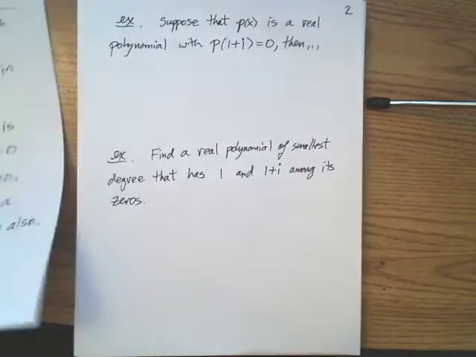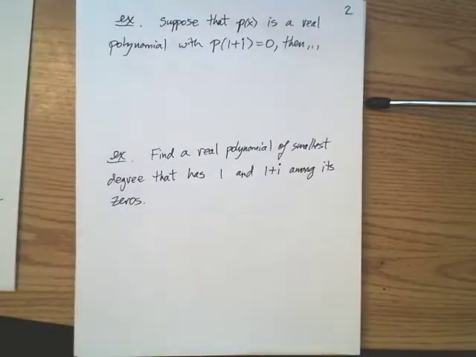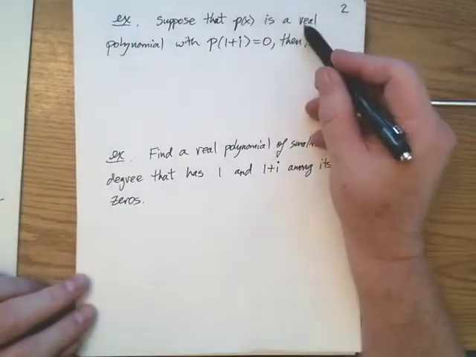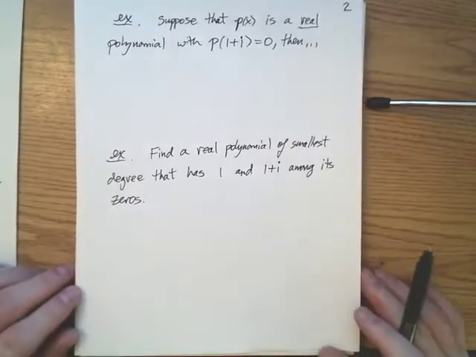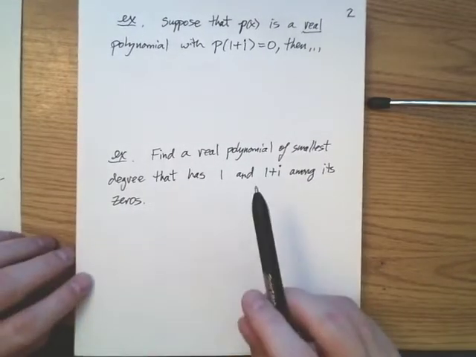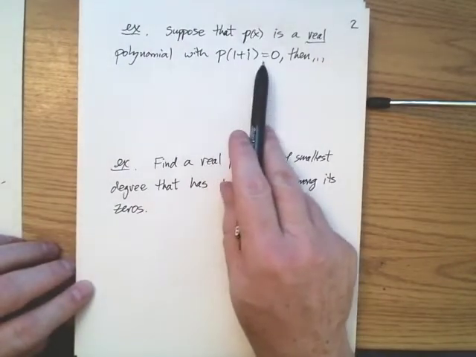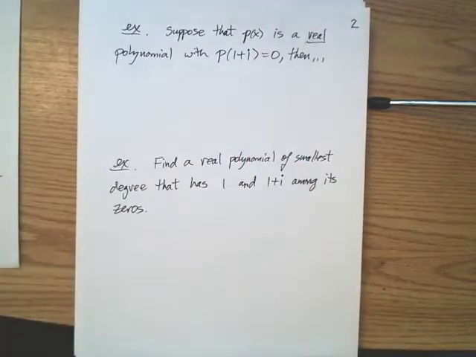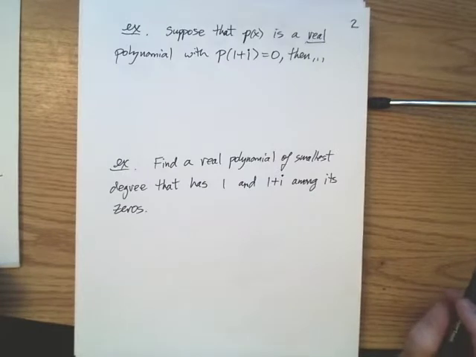Okay, so for example, let's do an easy one. I have a p of x here, a polynomial, and it's supposed to be a real polynomial. And suppose that p evaluated at 1 plus i is equal to 0. That would mean 1 plus i is a zero of p of x. Then what could you say?